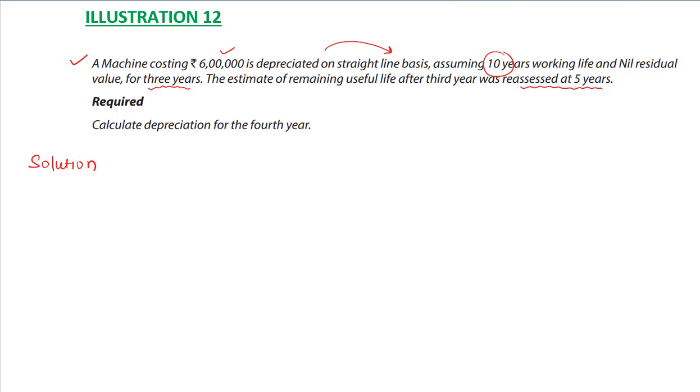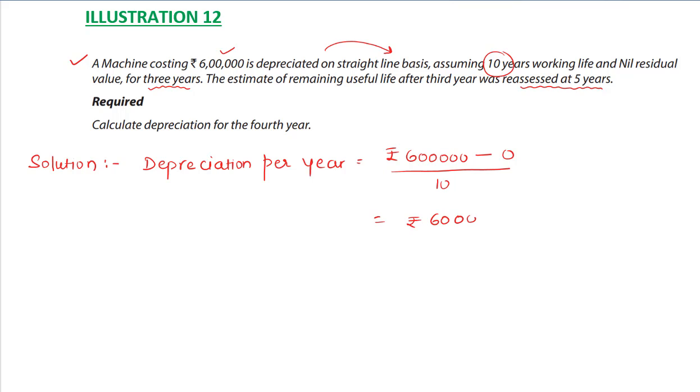Solution. Depreciation per year equals cost, 6 lakh, scrap value nil, divided by estimated life, which is 10 years. So depreciation per year is 60,000.